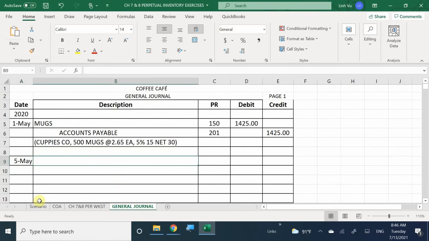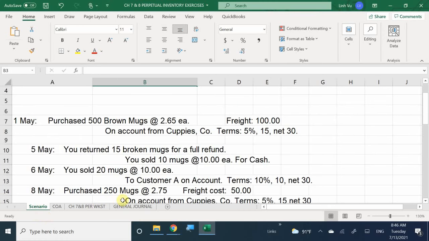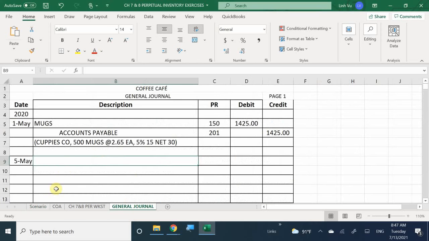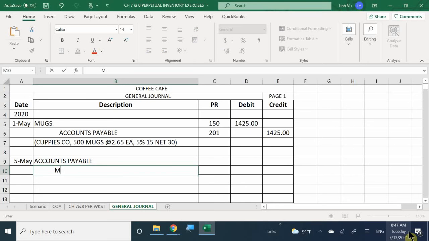We returned 15 broken mugs. Here we're getting back accounts payable, because it's reducing the amount that I owe. And of course I'm taking it out from inventory because that's what I just said.